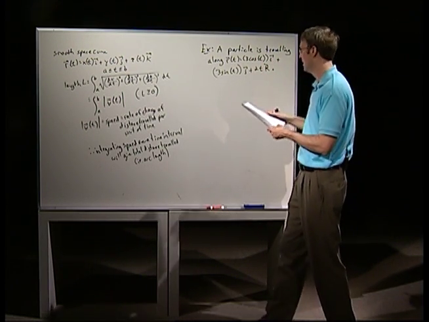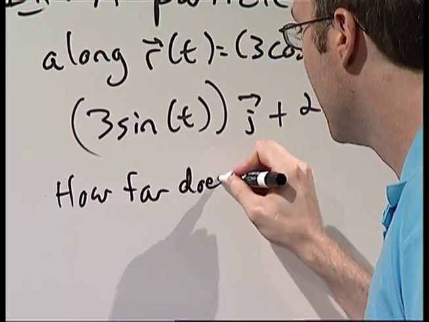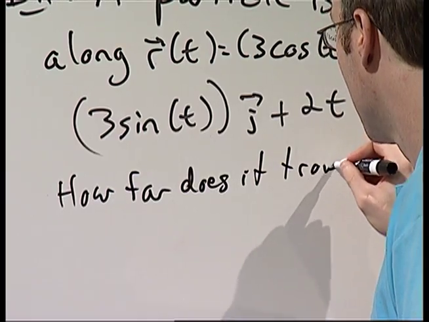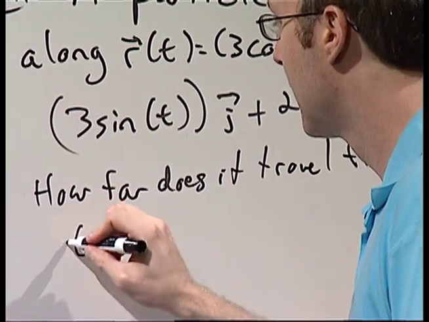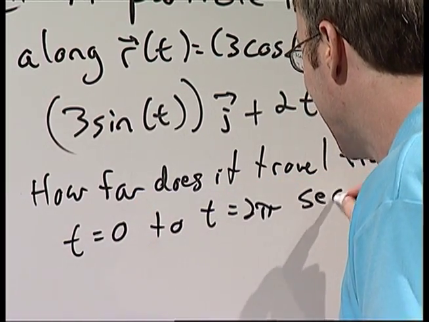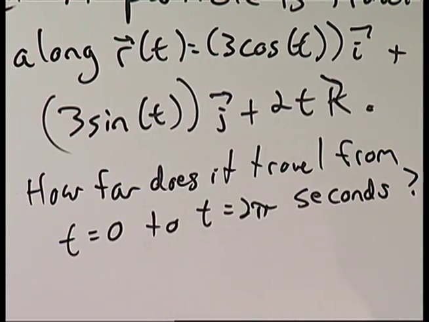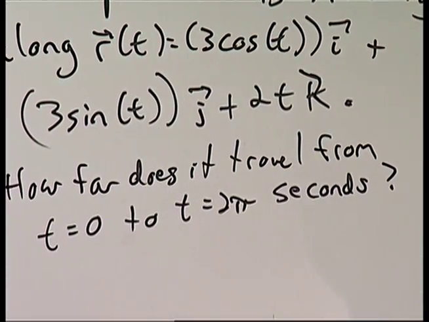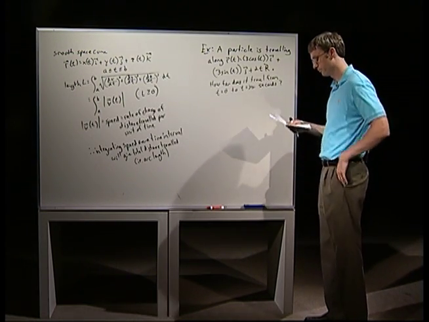Travel along that path. My question is, how far does it travel from t equals 0 to t equals 2 pi seconds? How far does it travel? AKA, what is the arc length of that section of the curve?